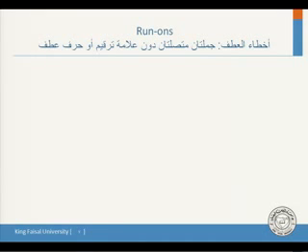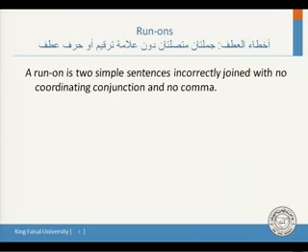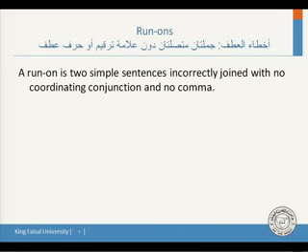What is a run-on? When we talk about run-ons, we are talking about mistakes or errors in punctuation in compound sentences. You remember that in a compound sentence, we need what? We need a comma and a coordinating conjunction, like and, but, or, so.